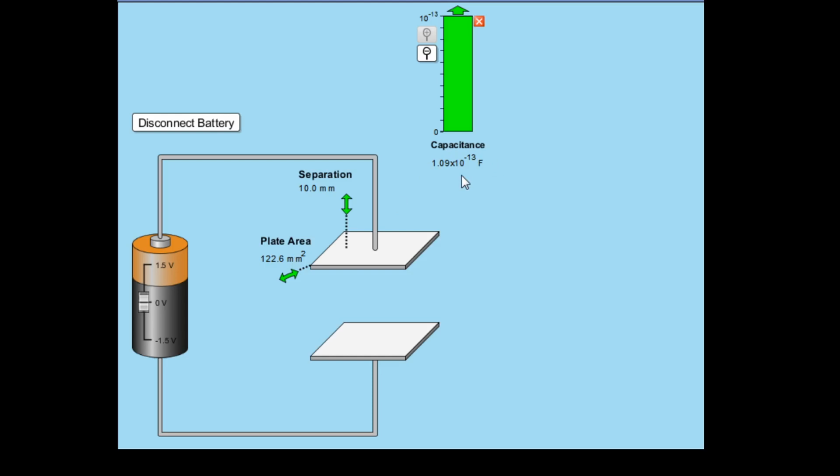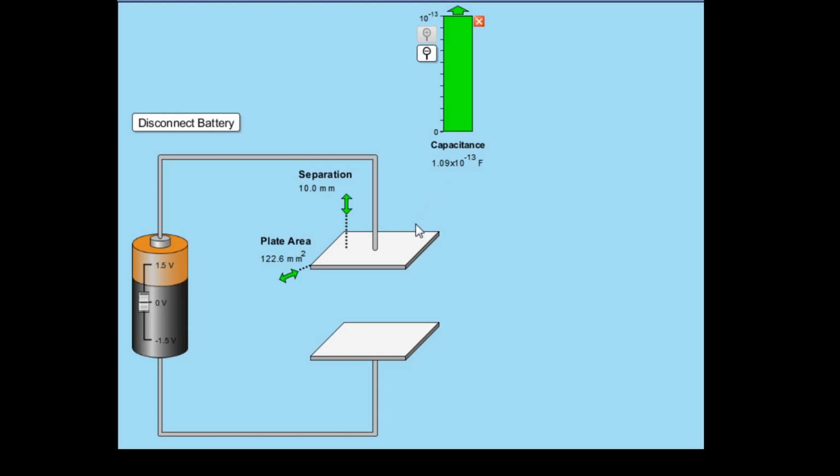So what conclusion can we draw? The conclusion drawn by us is that the capacitance of the capacitor increases when the area is increased. The capacitance of the capacitor decreases when the area is decreased.